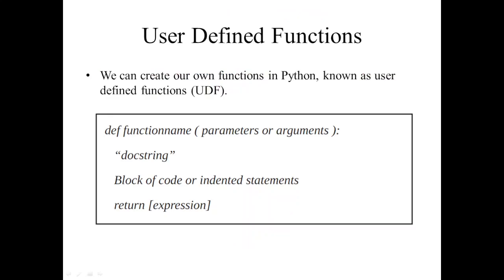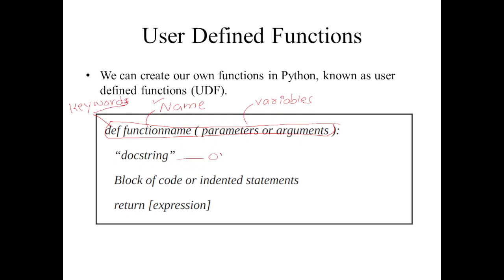So this is the syntax or way to define the user-defined function or UDF. This function has three main parts. In the first line, we define the function, or we can say we write the name of the function with its variables. In this case, we decide how many variables we are going to write, and the second thing is what should be the name of the function. And this is the keyword def, which should be used at the start of the function when it is defined.